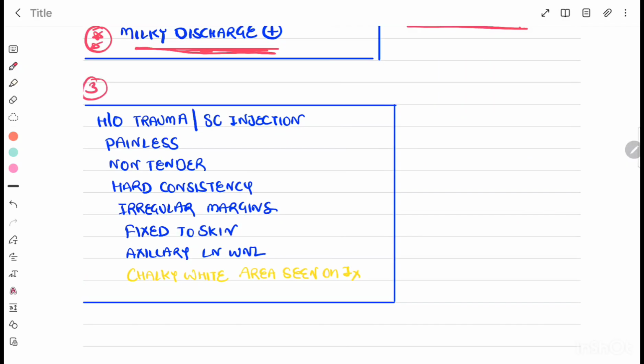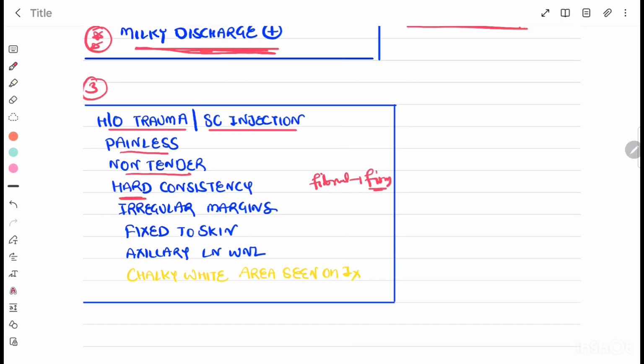Moving to the third, a patient presents in OPD with a history of trauma to the breast or history of subcutaneous injection to that breast, and the lump is painless, non-tender, but the consistency varies here. The consistency of the lump will be hard, but in fibroadenoma it will be firm.